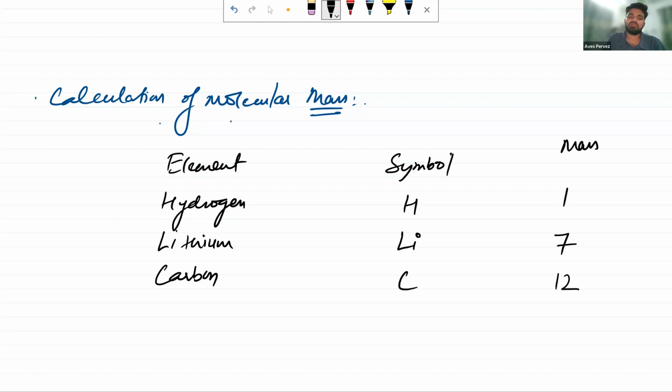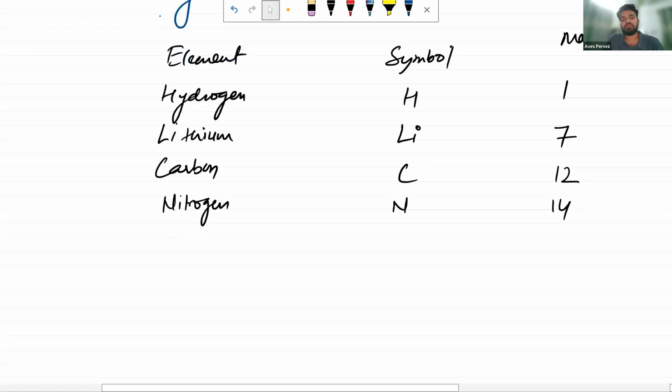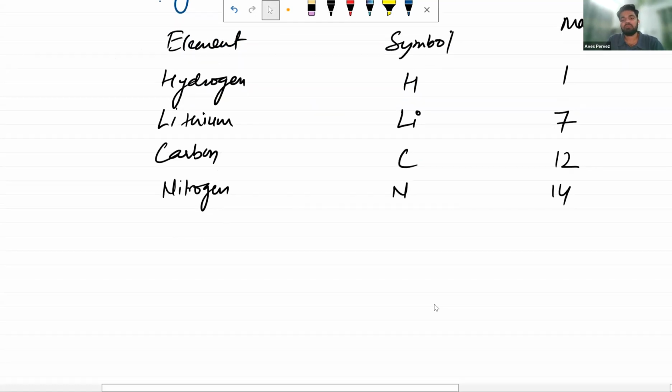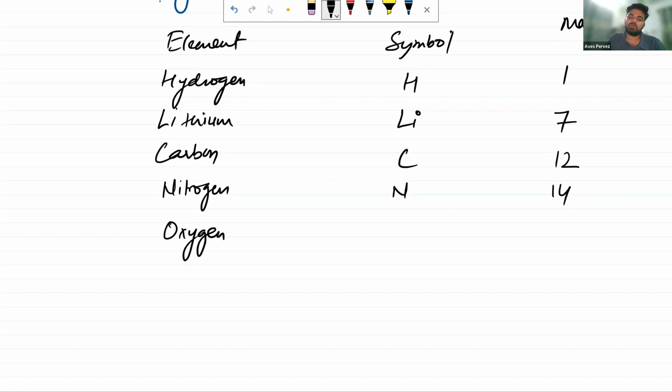After carbon, we have hydrogen, lithium, carbon, then nitrogen, symbol N, mass 14. Next is oxygen, O, the mass is 16. We are just talking about only one atom.